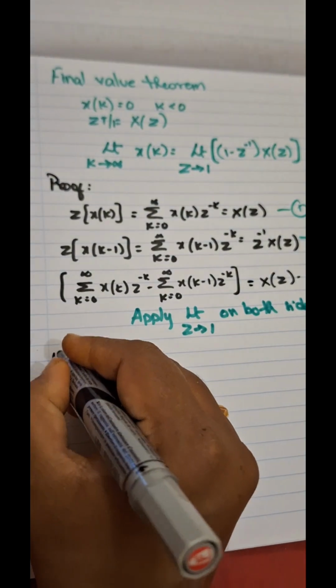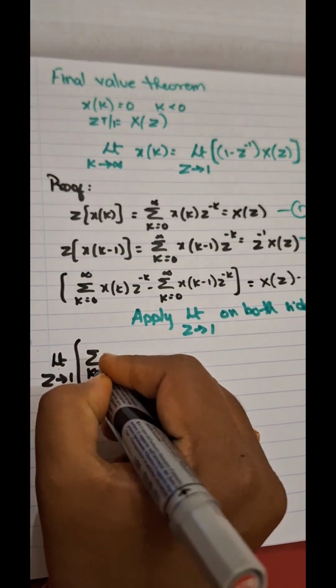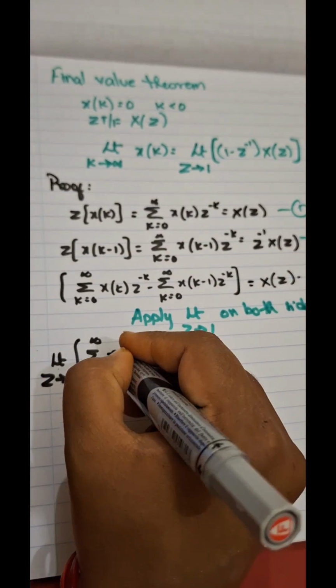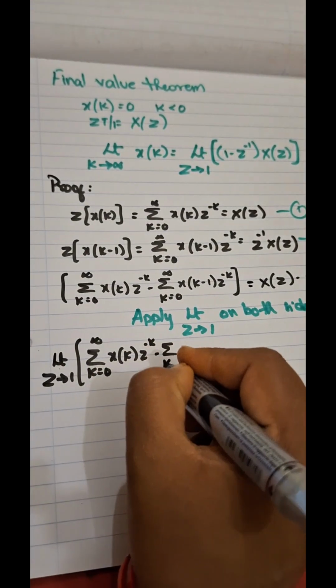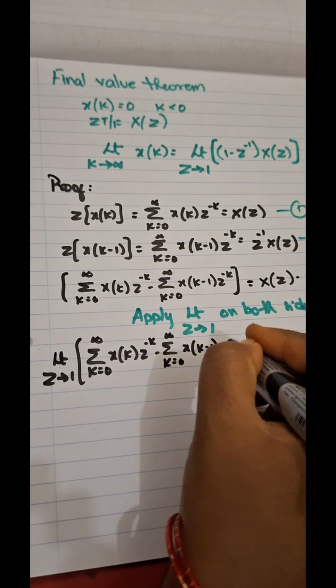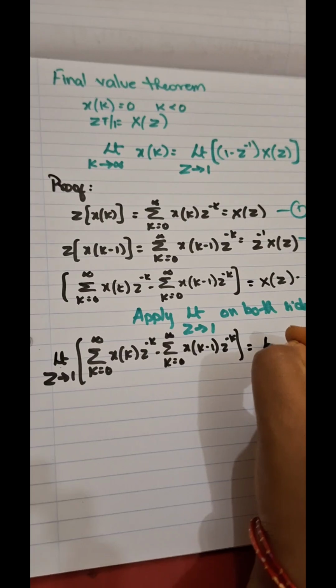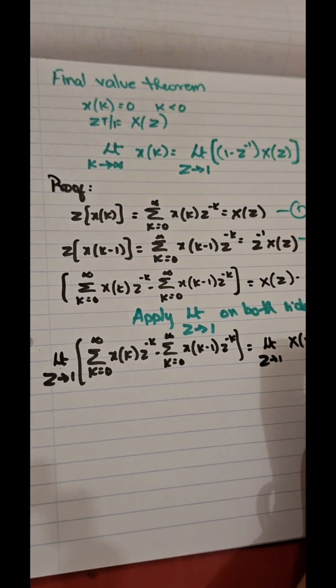So now what happens? Limit z tends to 1 of the sum from k equals 0 to infinity of x(k) z^(-k) minus the sum from k equals 0 to infinity of x(k-1) z^(-k) is equal to limit z tends to 1 of X(z) into (1 minus z inverse).